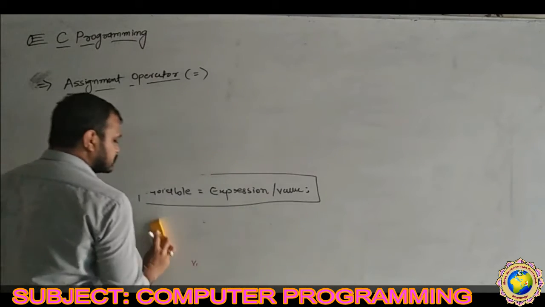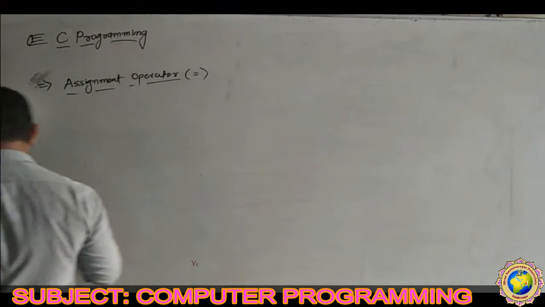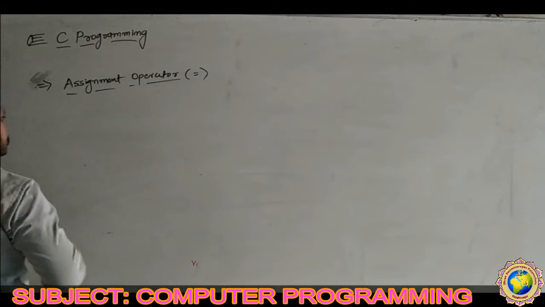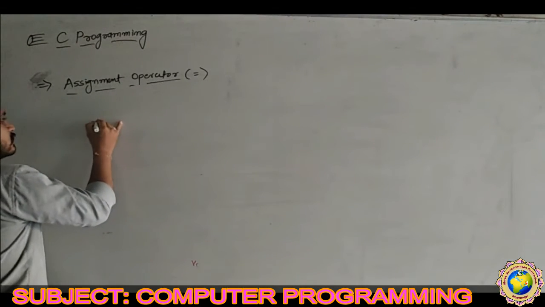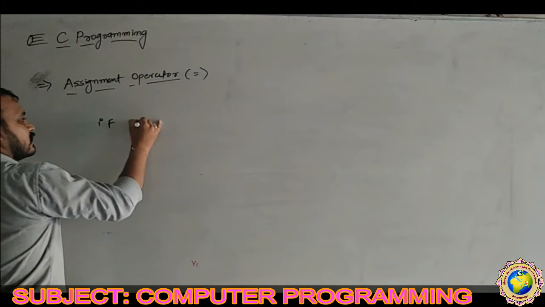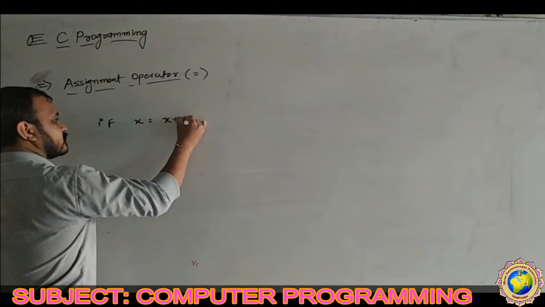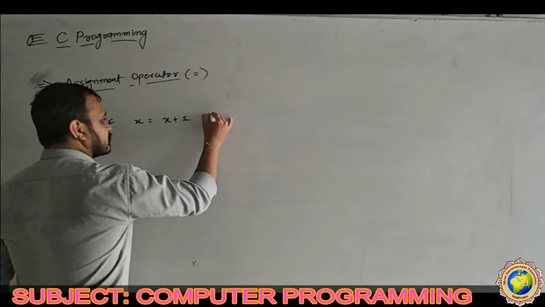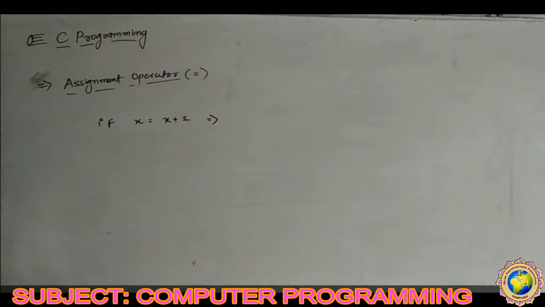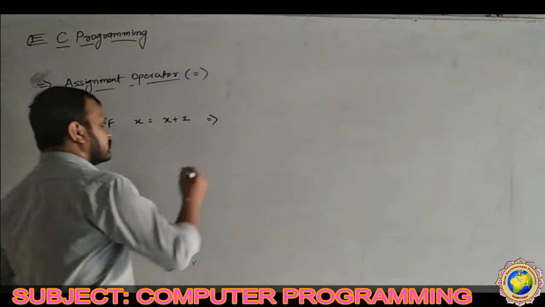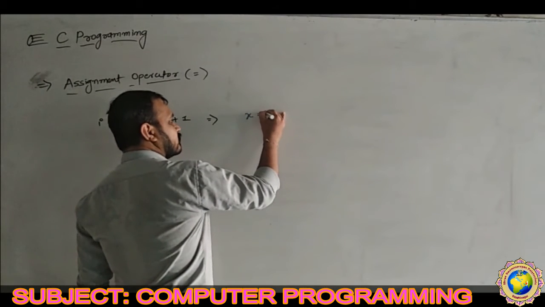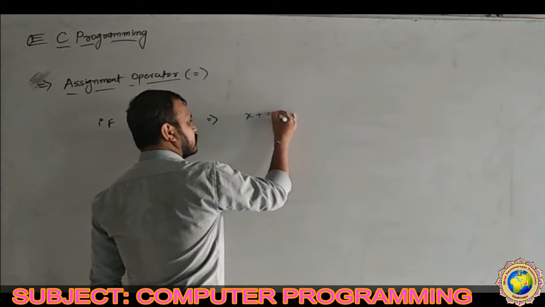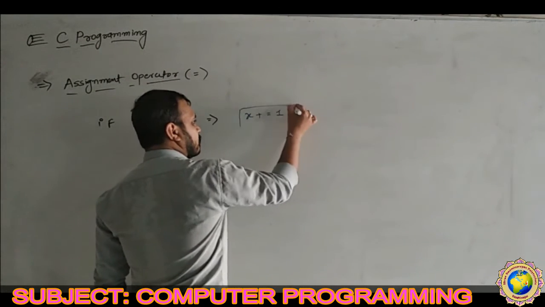So we see that if x is equal to x plus 1, then we can write it as a shorthand method, such as x plus is equal to 1.